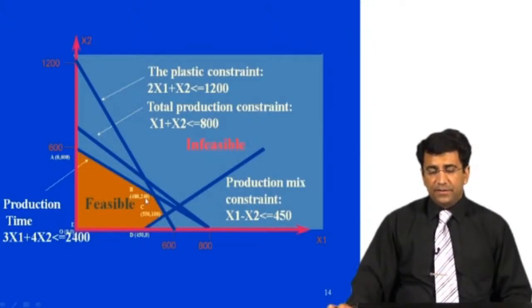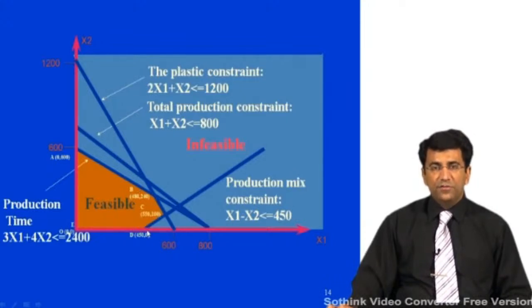This is the other point B, whose coordinates are 480, 240, which are not yet known, but we will calculate this particular point by the intersection of the respective lines. And this is another point D, which is the corner point within that feasible region.